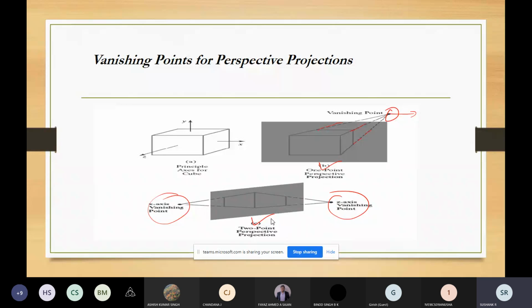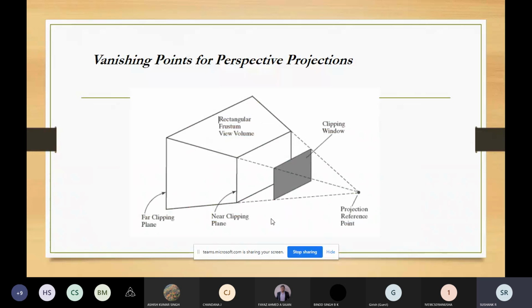So this is with respect to the vanishing points that are used for perspective projections. Apart from this, we have the perspective projection view volume. How is it created? In parallel projection also, we have spoken about the near clipping plane and the far clipping plane.